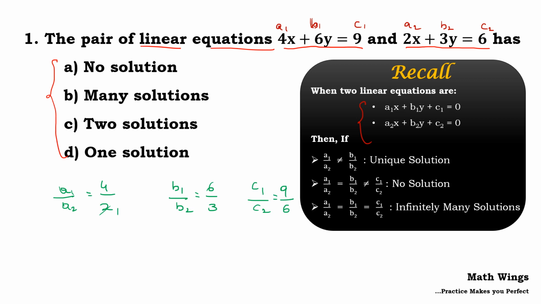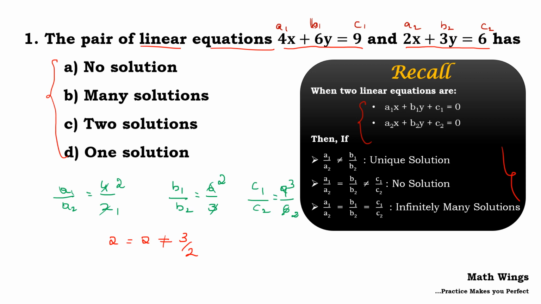If we simplify this, I get a1 by a2 is equal to 2, b1 by b2 is also equal to 2, and c1 by c2 is equal to 3 by 2. So when we write it in the format, I get 2 is equal to 2, which is not equal to 3 by 2.